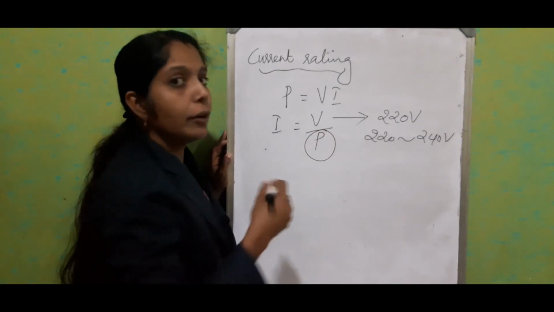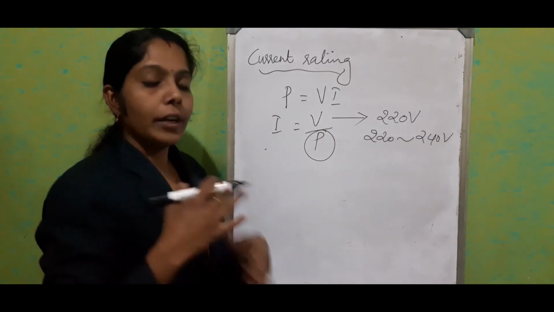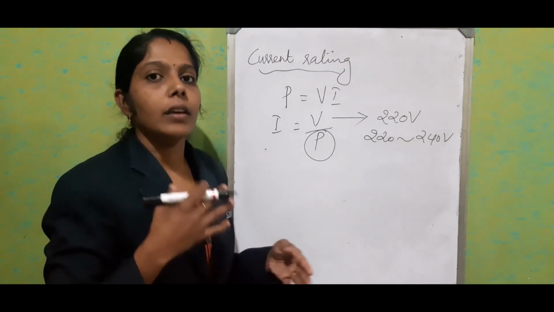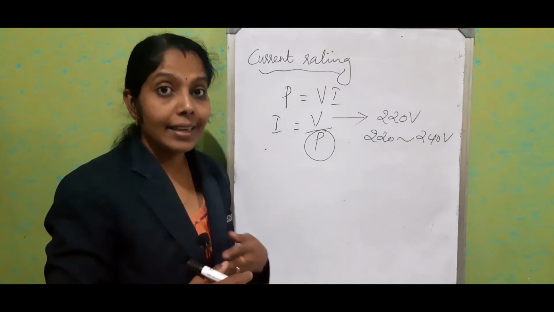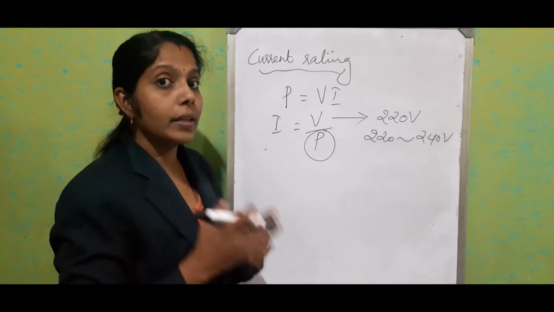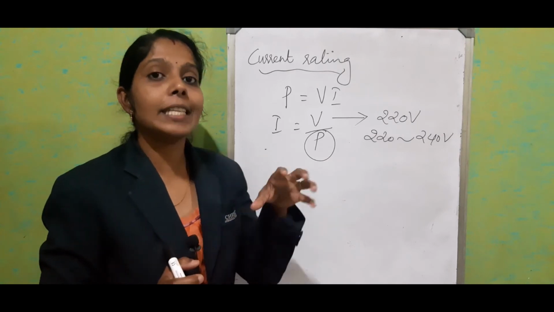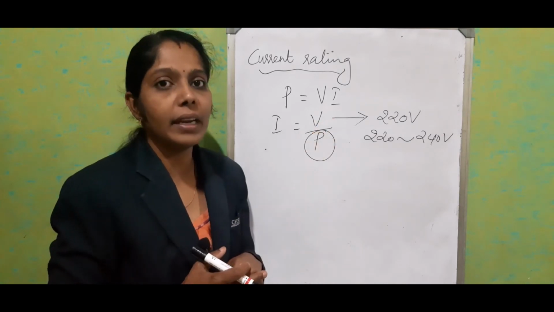Only the power of each piece of equipment will vary, like the refrigerator, TV, washing machine, AC. If we connect each separately through a fuse wire, that is very convenient, because the current rating will be different for each one.